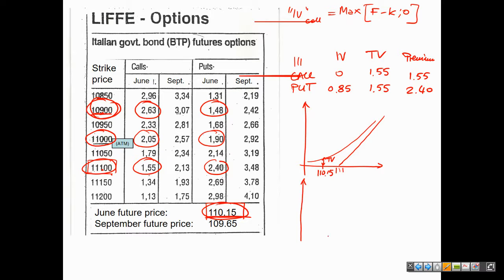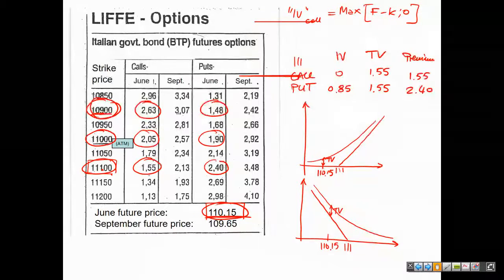Now let us consider the put option. In the put option with strike 111, where this is the graph, at 110.15, the time value is motivated by the chance of abandoning the contract. But for the put option, what would you need in order to abandon the contract?